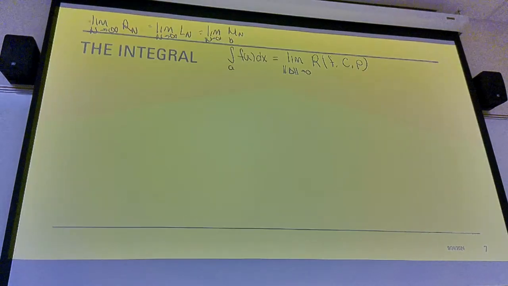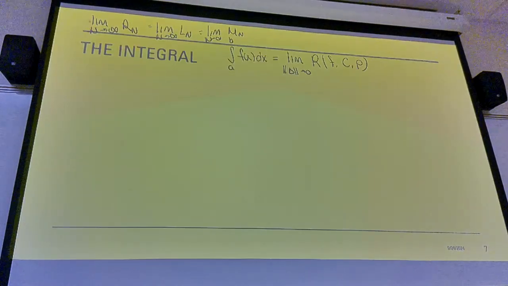However, those choices are only good on a very limited number of functions. So nowhere does it say a partition has to be regular. You can have a partition where all of your lengths are different. And you don't have to choose the sample point the same way from each subinterval.